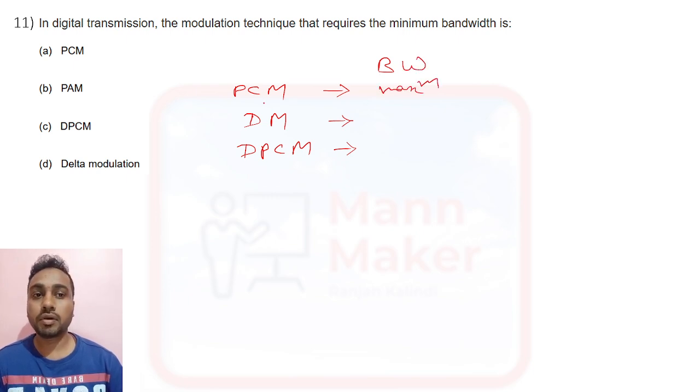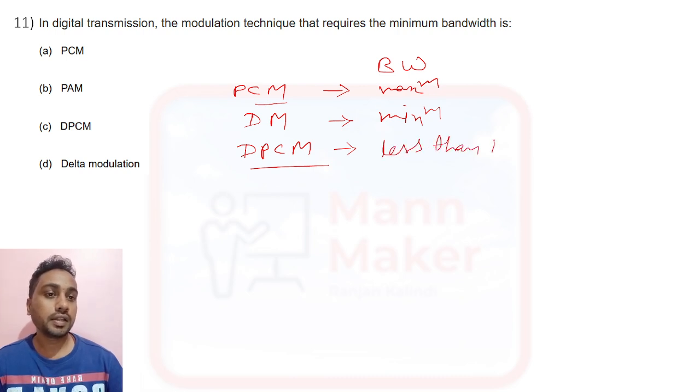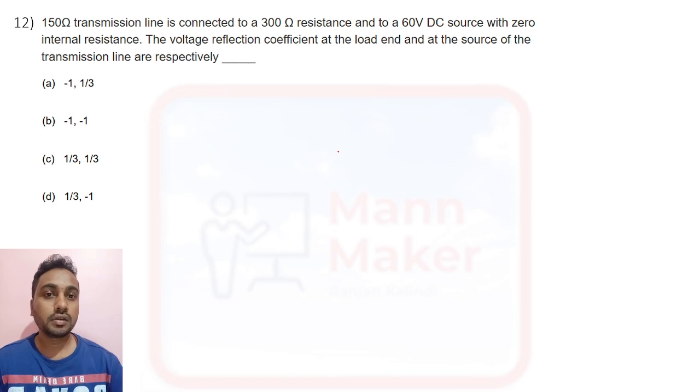Bandwidth will be maximum in PCM, minimum in delta modulation, and in DPCM it will be moderate, or less than PCM. So this thing you need to remember.